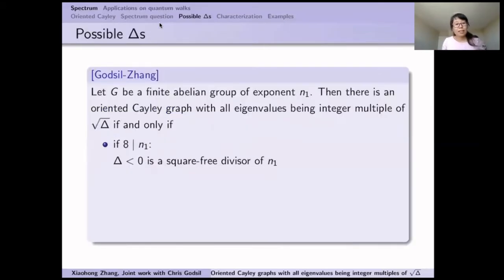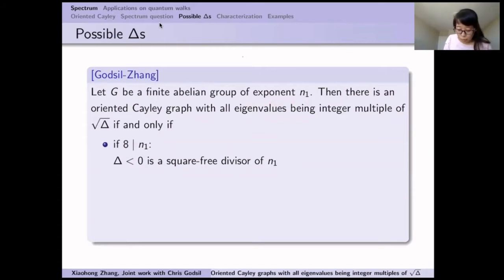As the examples suggest, it turns out the group order doesn't matter. The feasible set of deltas is determined by the group exponent.